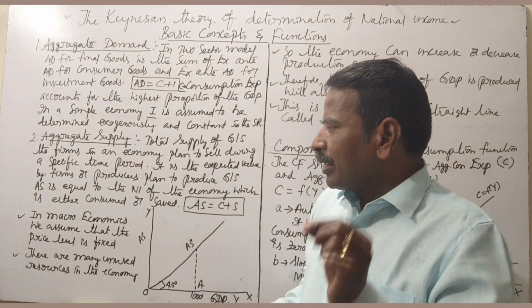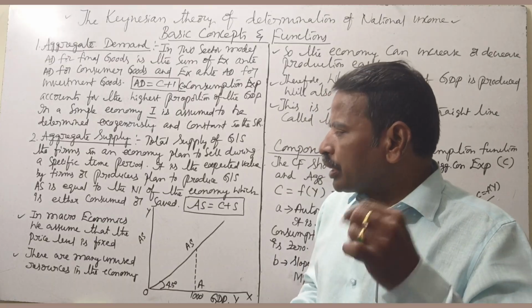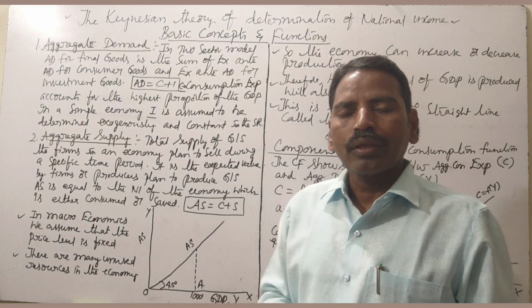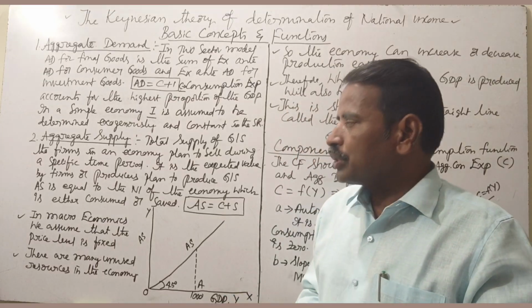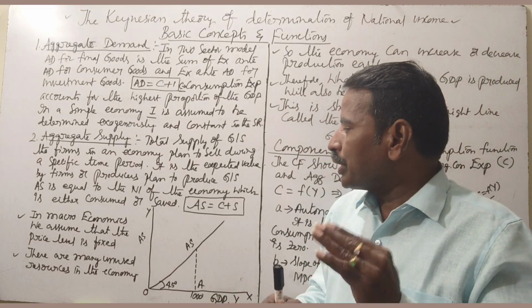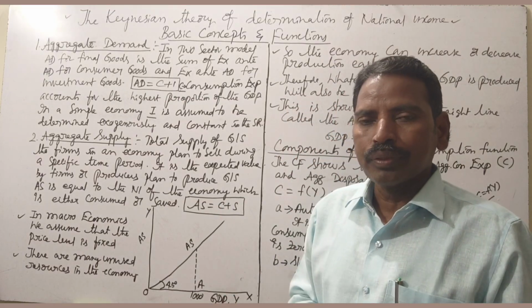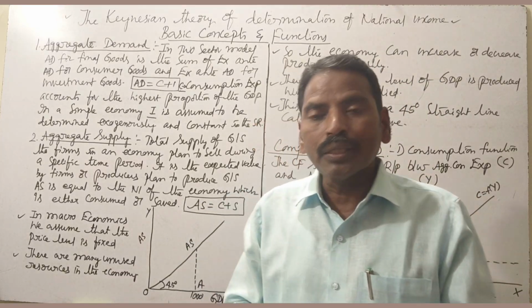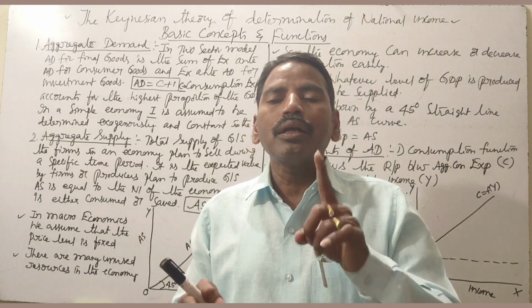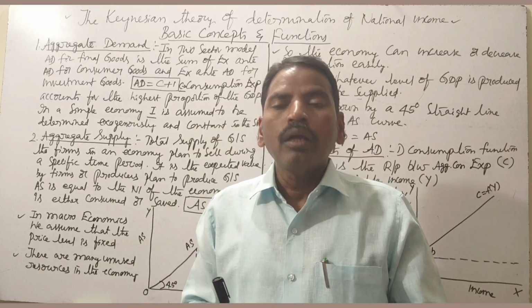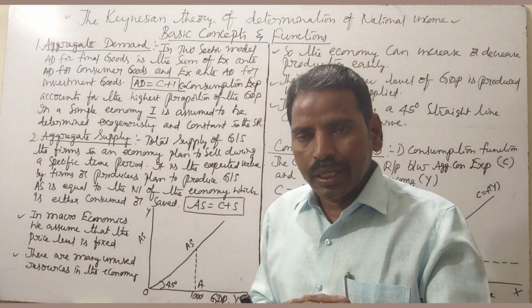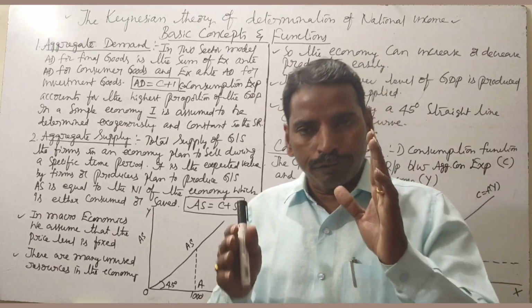Aggregate supply is equal to the national income of the economy. National income is the total market value of all final goods and services produced in a country during a given period of time.